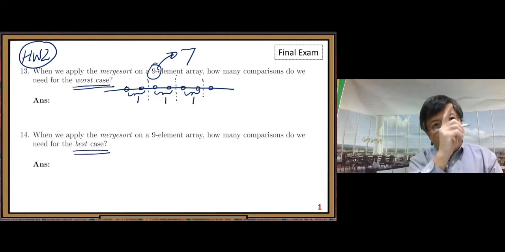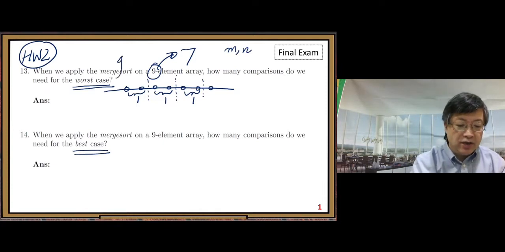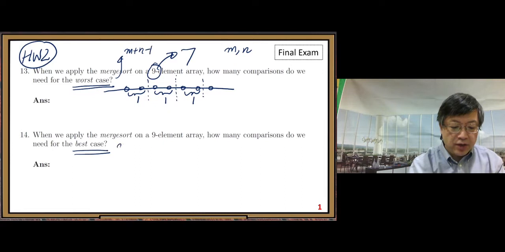When we merge 2 arrays with sizes m and n, let's review the formula. Worst case, the formula is m plus n minus 1. The best case, the formula is the minimum of m and n.